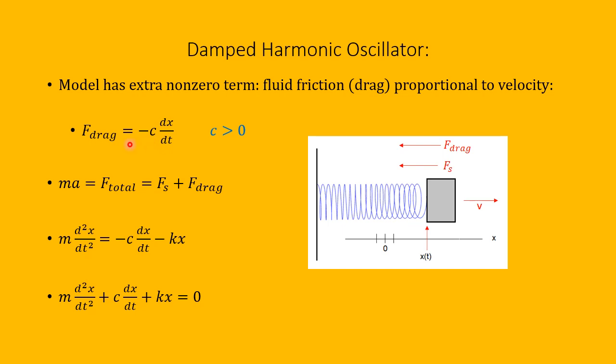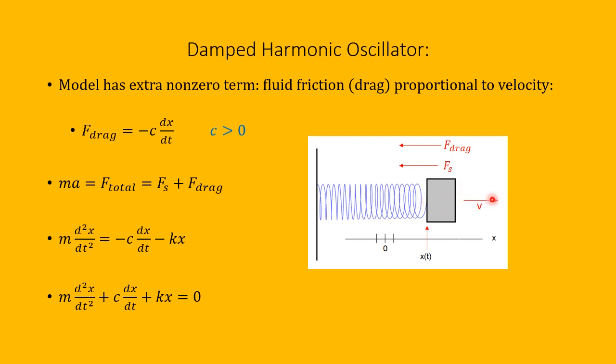In this picture we still have the wall, the spring, and the mass at the end of the spring. There's a restoring force due to the stretching or compression of the spring by Hooke's law, and we also have a velocity for this mass.